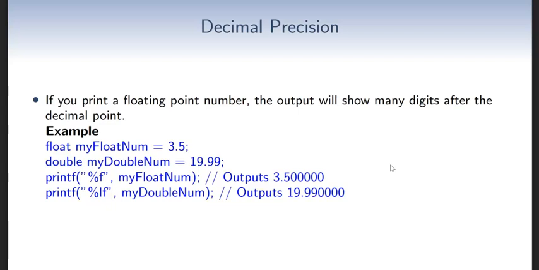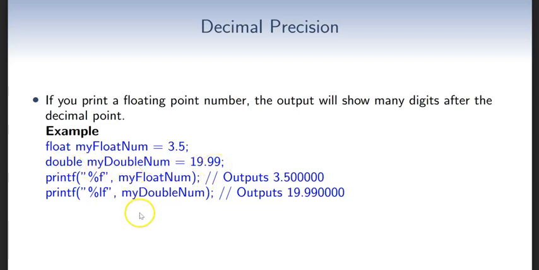Decimal precision. If you print a floating point number, the output will show how many digits after the decimal point. For example, if we specify this variable as float, we will get 3.5, and we have specified another variable as double with the value 19.99.